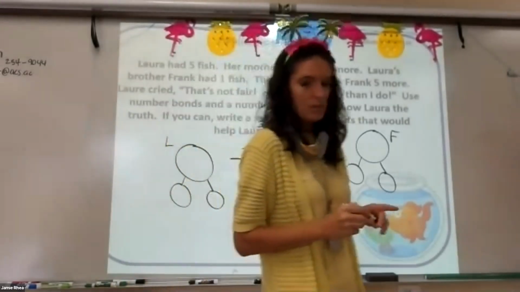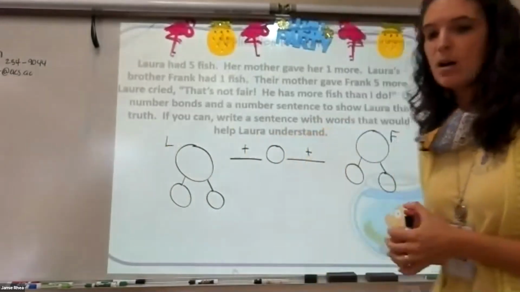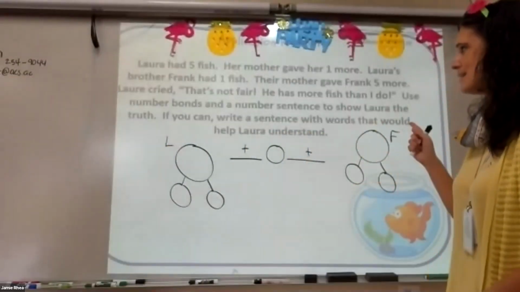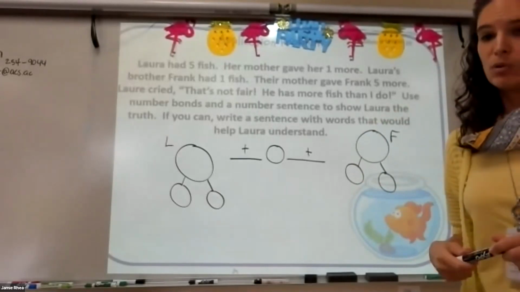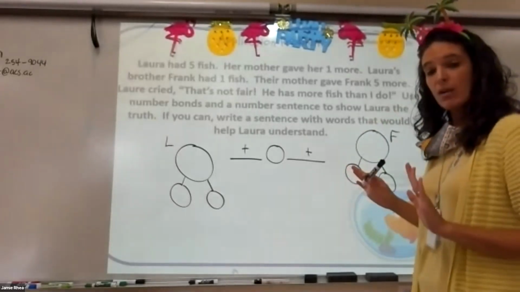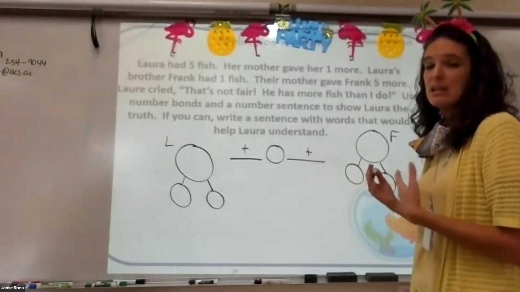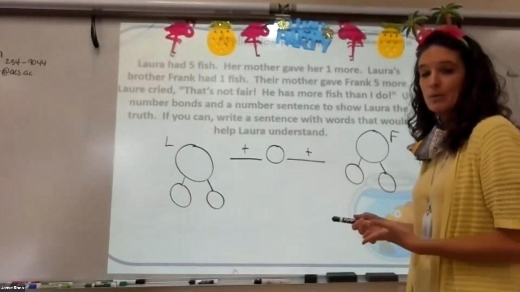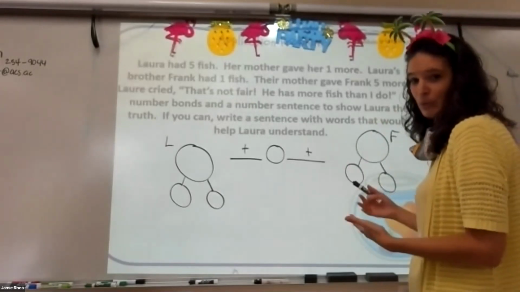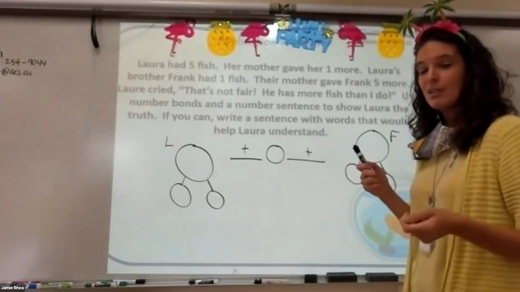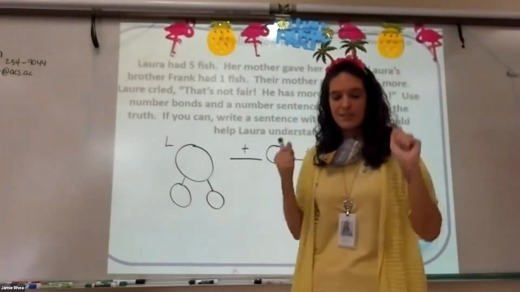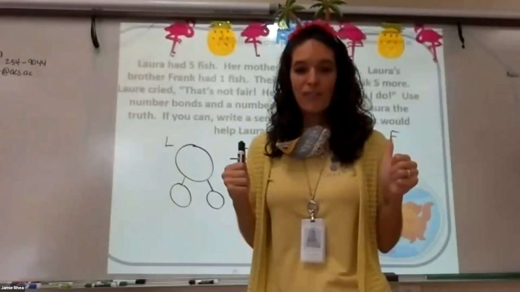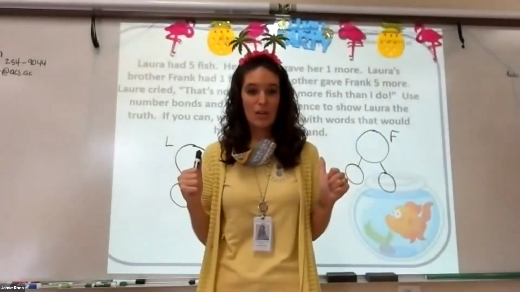Okay. So now it also says if we can write a sentence with words that would help Laura understand. We're going to wait on that and do that at the very end, and we'll be able to word our sentence to make it help Laura understand, okay? So first, get those Hawaiian detective hats on today, and let's find our clues that are going to help us solve, okay?